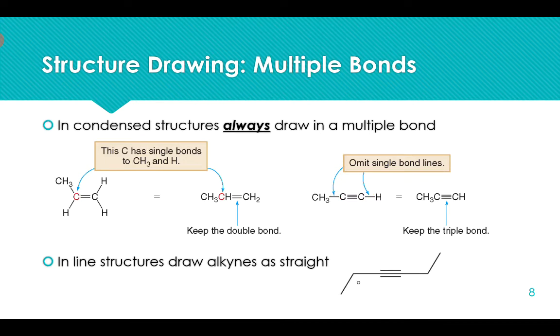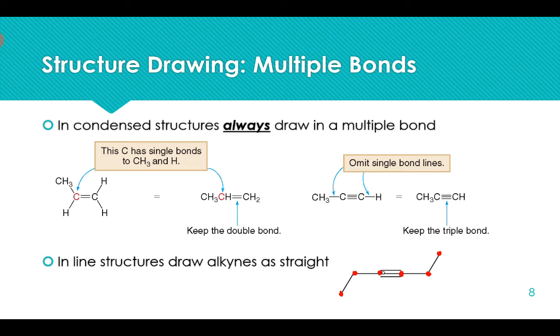And then when you draw the line structures for alkynes, you have to remember that there's a carbon there, and then based on the spacing, there's also carbons present on either end of where that triple bond is. But alkynes are drawn linear because that is a 180-degree bond angle.